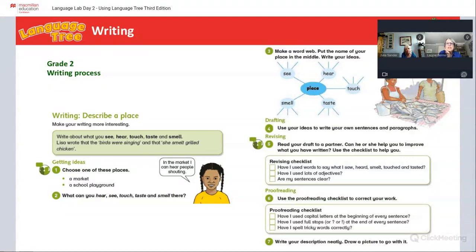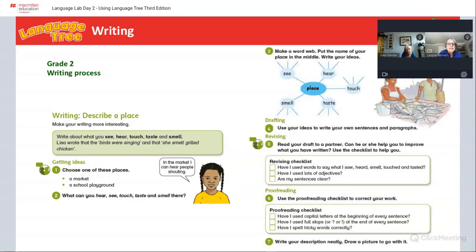They're then shown at the top of the next page how to make a word web to record their ideas before being taken through the stages of drafting, revising, and proofreading. And revising here and elsewhere includes peer editing, where students read their first draft to a partner and ask for feedback.